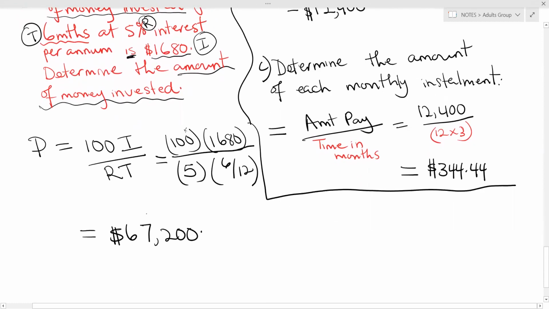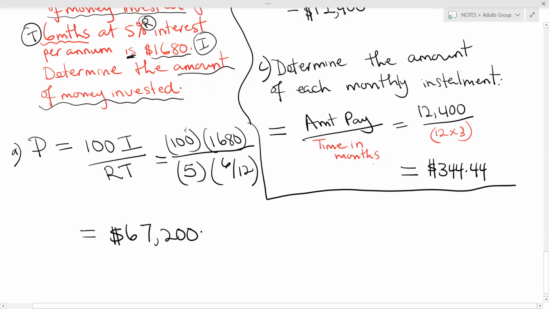Any questions? Why did we put it 6 over the 12 again? Because it's time in years. For that particular formula, you just put your months over 12 to represent a year. In that formula, the requirements for calculation is years, not months.